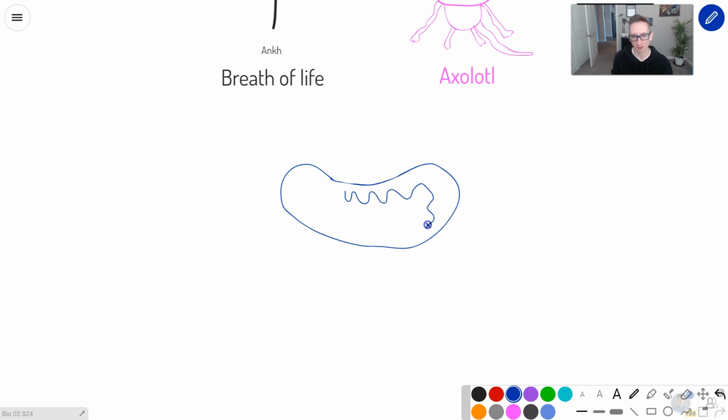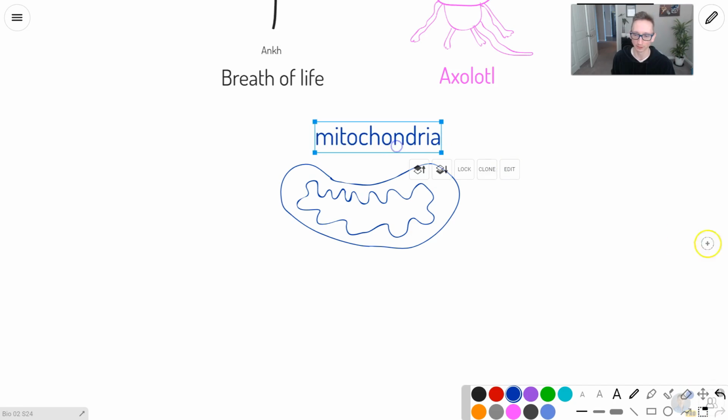This is a mitochondria, which is a little bacteria that a big bacteria swallowed to make energy for it. That's what we are. We're now that big bacteria, and our cells are full of these mitochondria. It's our little energy slave.